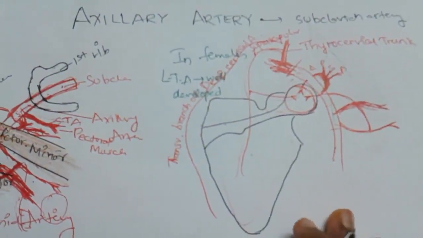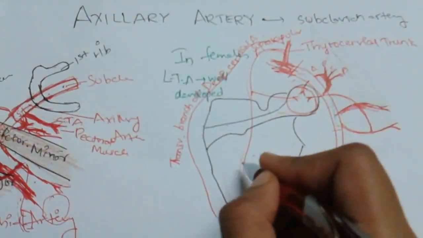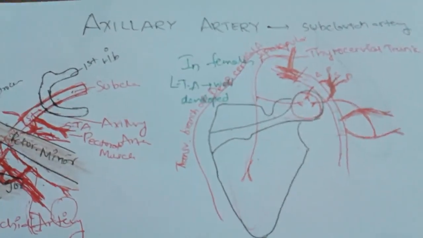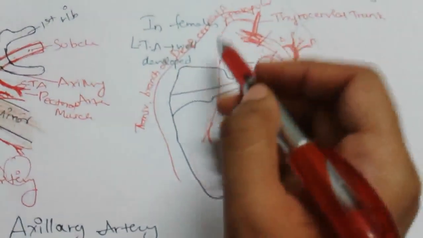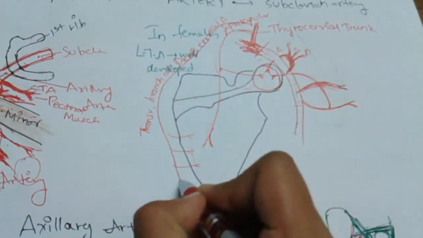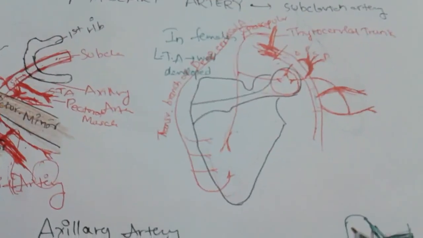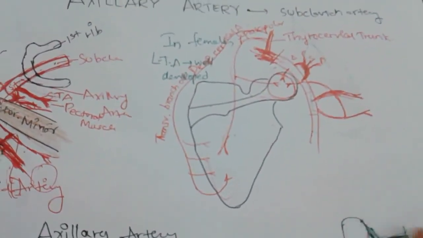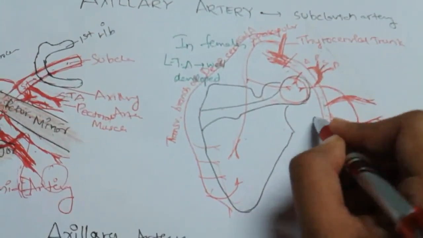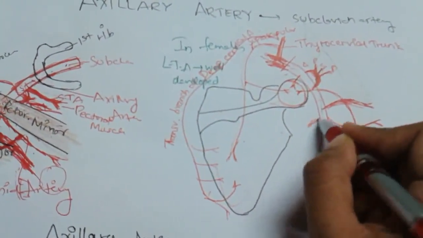And then around the body of the scapula, this suprascapular artery, which is a continuation, forms anastomosis around the body of the scapula, along with the deep cervical artery, which gives many branches, and thus this forms the anastomosis around the scapula. And then a branch from the subscapular artery.